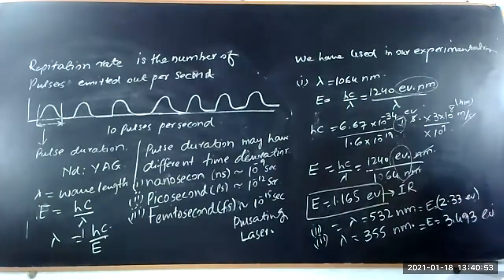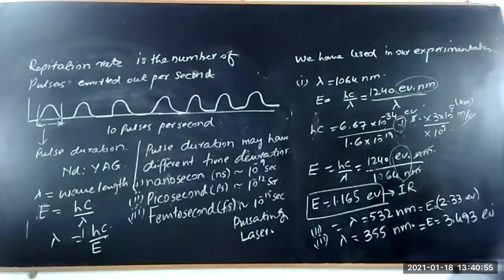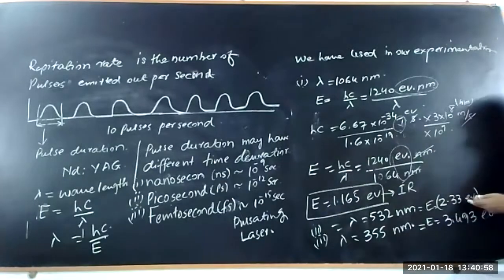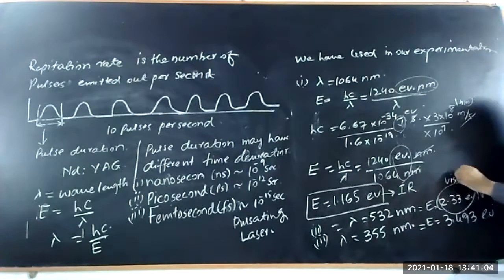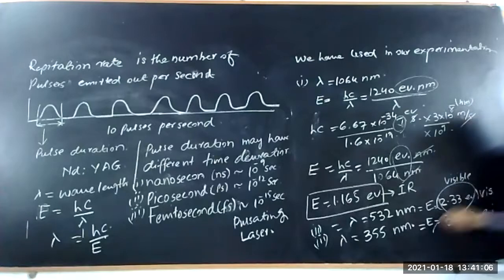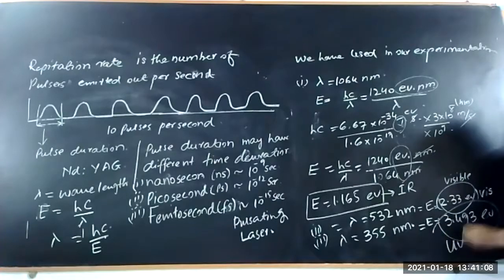So this is the energy for the visible light, and this is for UV, ultraviolet.